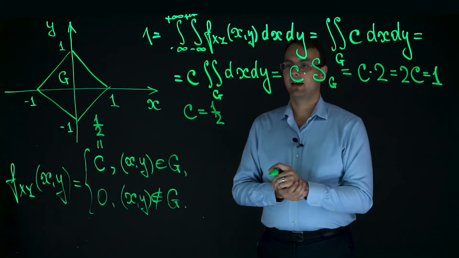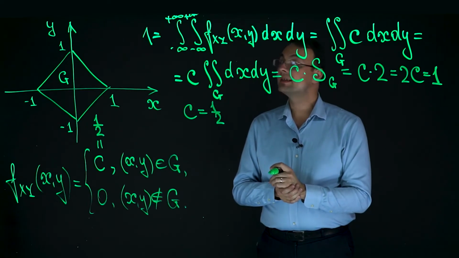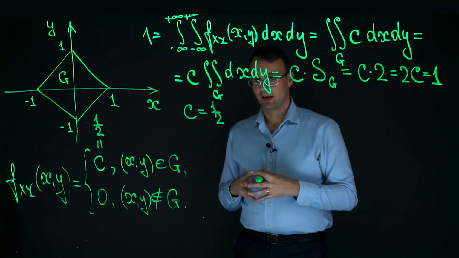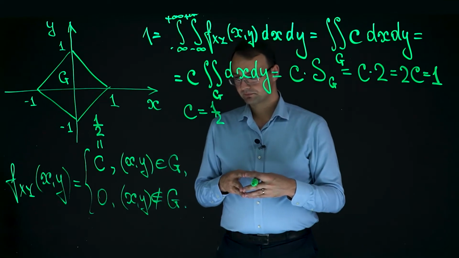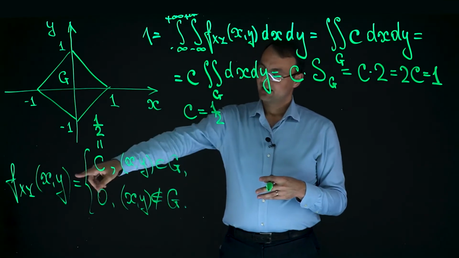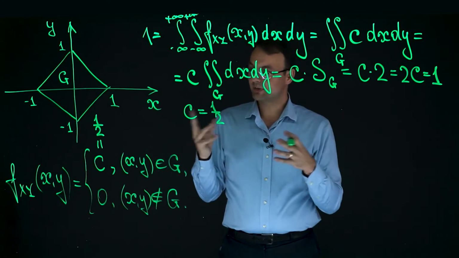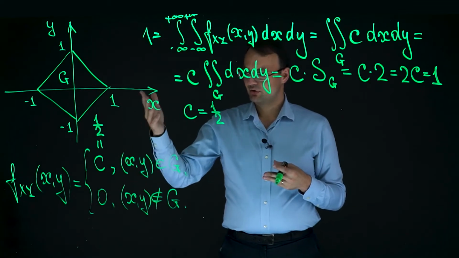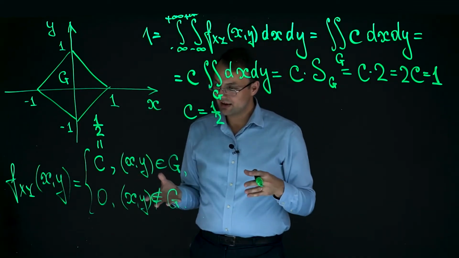Now, how do we check if a pair of continuous random variables are dependent or independent? We need to check whether the joint PDF is equal to the product of marginal PDFs. We have already got the joint PDF, it is given, and now we are to find marginal PDFs.